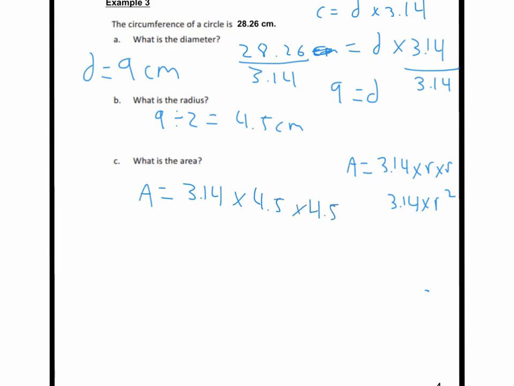And when you go ahead and do that, you get 63.585. And now this time it will be centimeters squared because it's the area. Okay. So we could round that if you wanted to 63.6 centimeters squared. But either way, your final answer is one of these two.